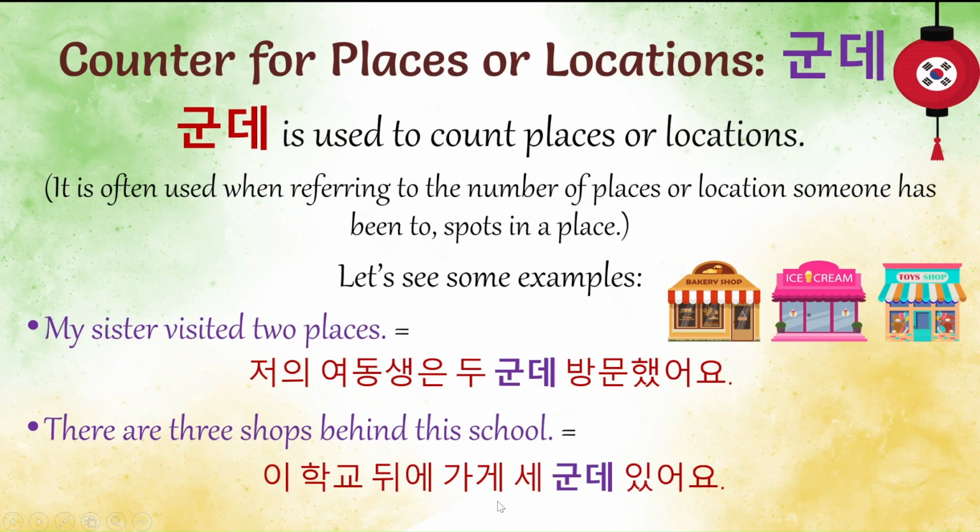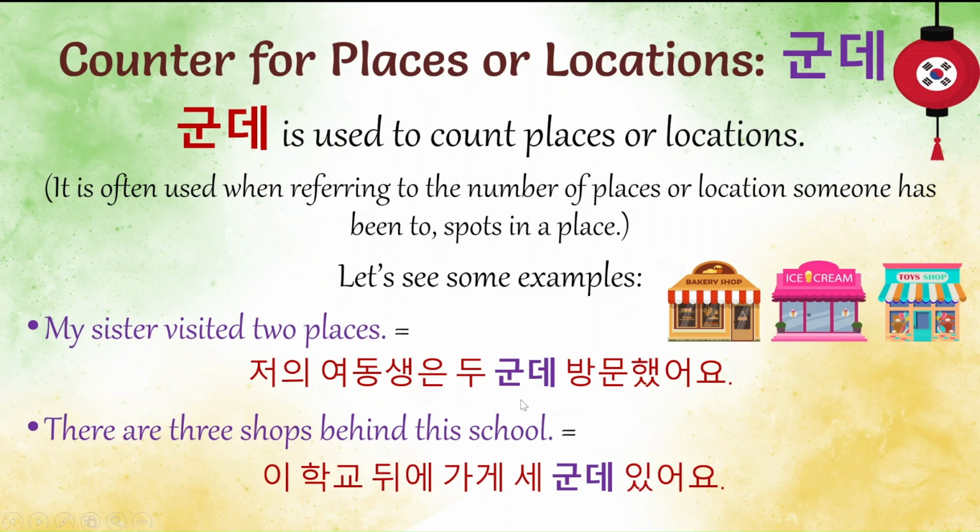Shop is 가게. 3 shops, 가게 세. And if you have to indicate the place where these 3 shops are located, that place is the place behind the school. So you use the counter 군데 for that. And it becomes 가게 세 군데. And to be at a place, we use the verb 있다. Present tense, 있어요.